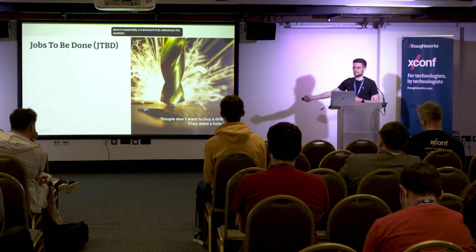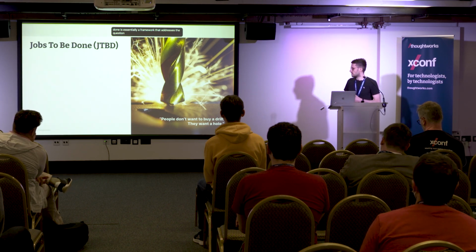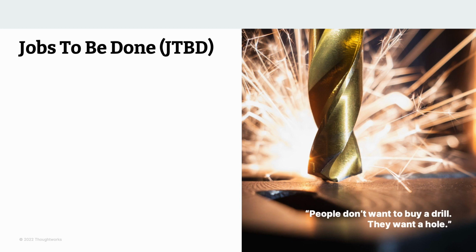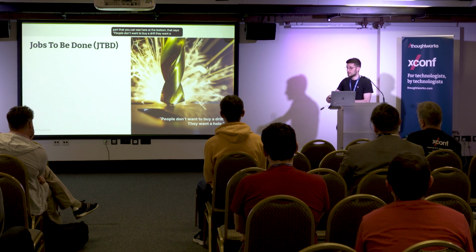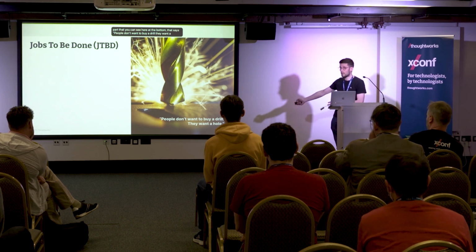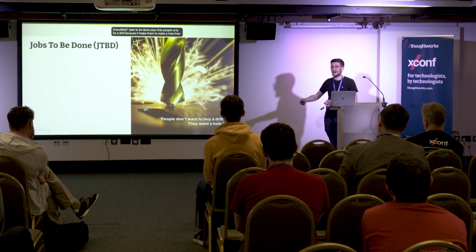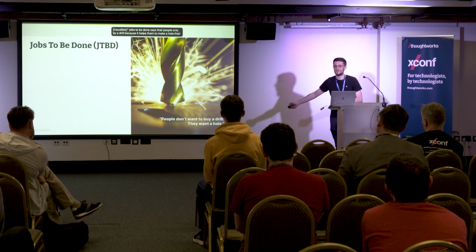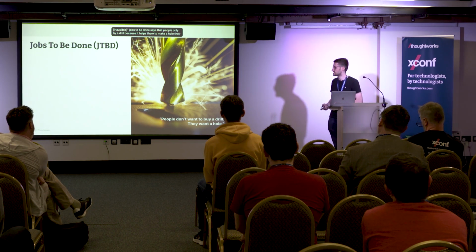It's often illustrated by this quote that you can see here at the bottom that says, people don't want to buy a drill, they want a hole. So jobs to be done says that people only buy a drill because it helps them to make a hole, but their ultimate goal is to make a hole. There might be other ways actually of creating this hole that don't involve buying a drill.